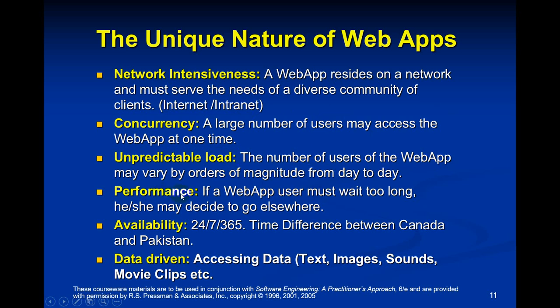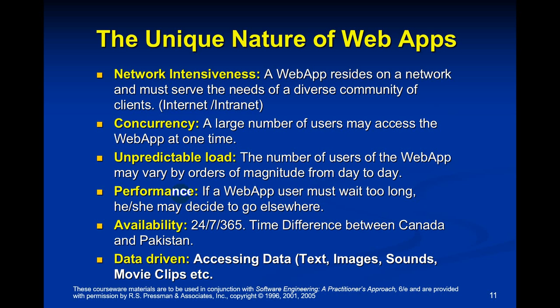Performance. Now, if my website is too slow to provide the solution, somebody wants to get some data, somebody wants to get some lectures, but my website is too slow, it is not performing well, so in that case nobody would like to come to my website, right? So every website tries to provide the best performance.